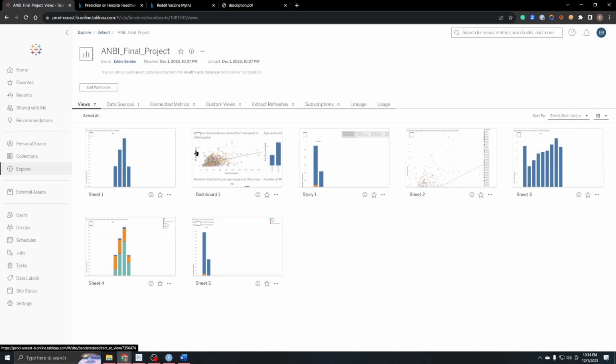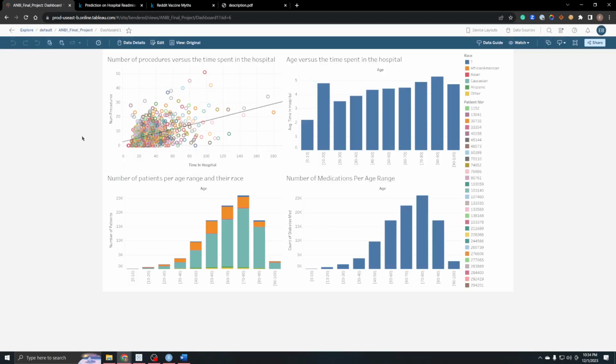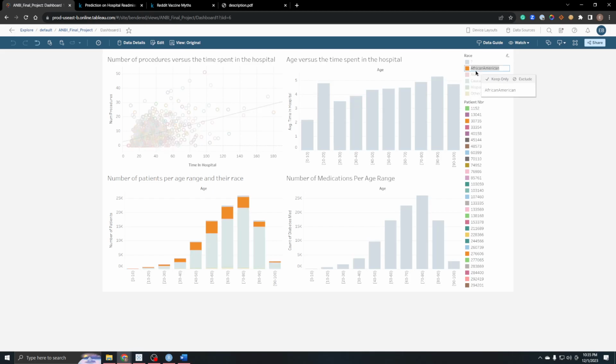And then here we have the dashboard that I created. It's basically just the same sheets as before, and here we can click over here, see African American, Asian, and search for certain patient numbers.